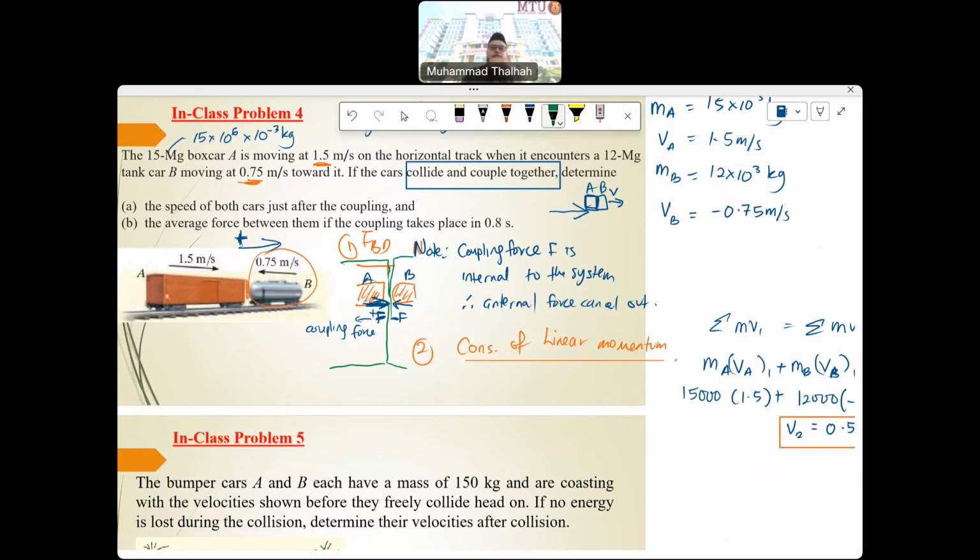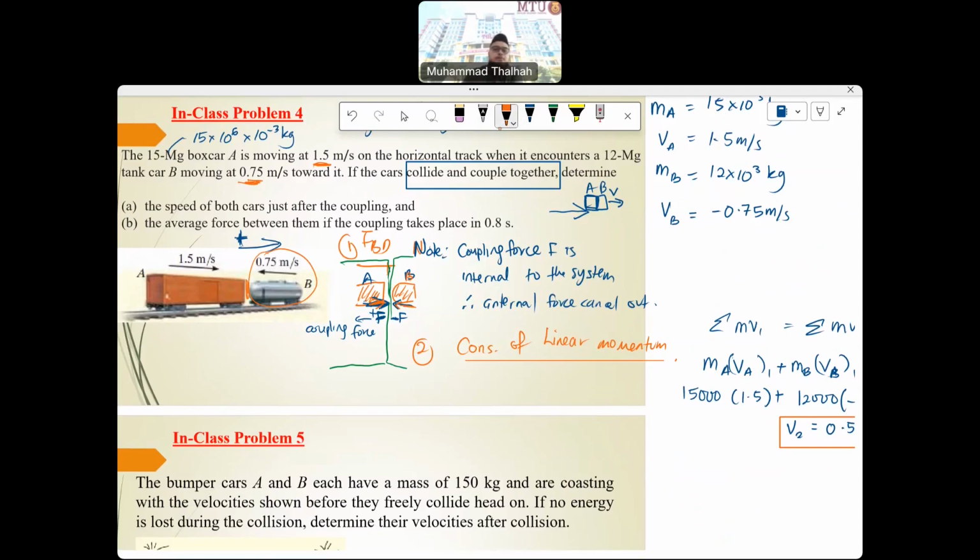The only difference is you have to look at what is the external force that causes the impulse. If you isolate A, the external force that gives the impulse is negative F. F is the force from within A. Negative F is the force from outside, which is from B. So remember, impulse is always the external force.